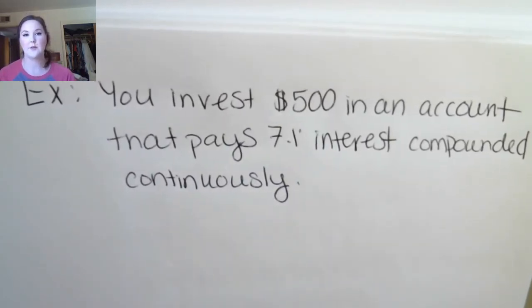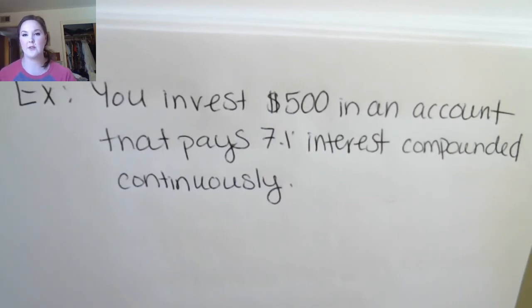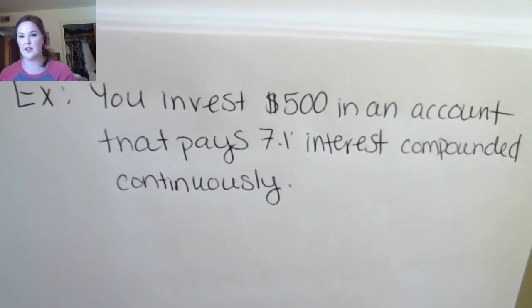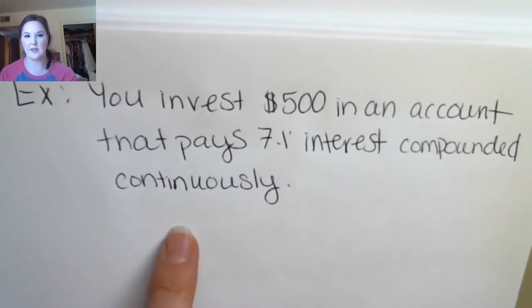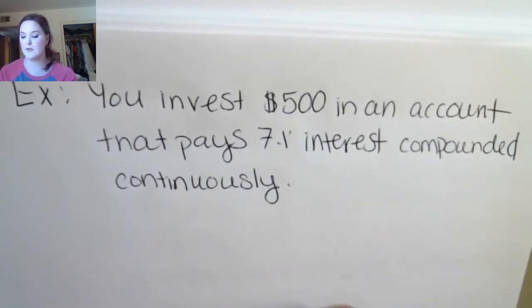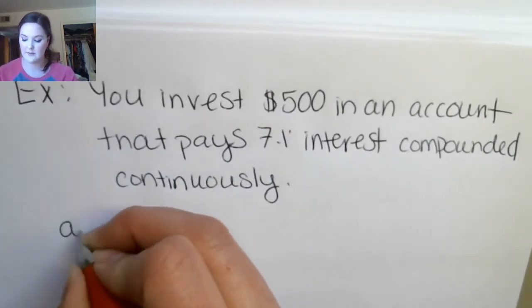So you invest $500 into an account that pays 7% interest and it's compounded continuously. This is how you know that you need to use the compound interest formula.